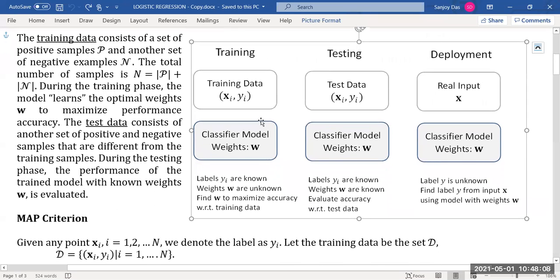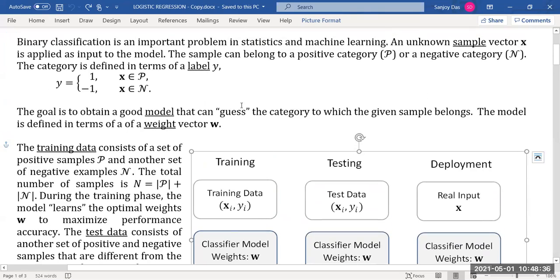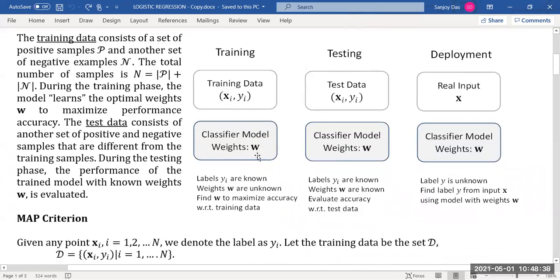Note that what is unknown is W. The labels yi, by labels I'm referring to the y's, +1 or -1, are known. i is the ith training sample, so xi and yi are given. This is from historical data, and what is unknown is W, the weight.